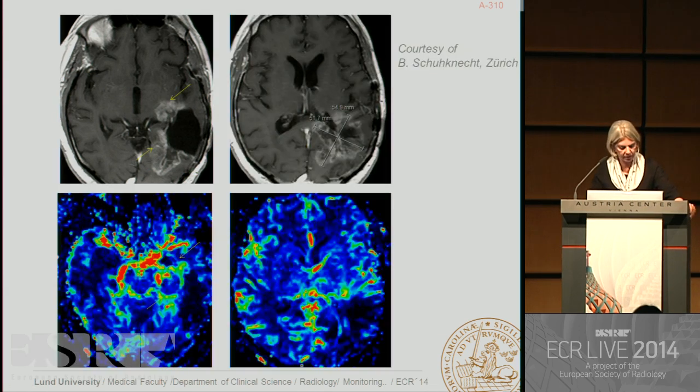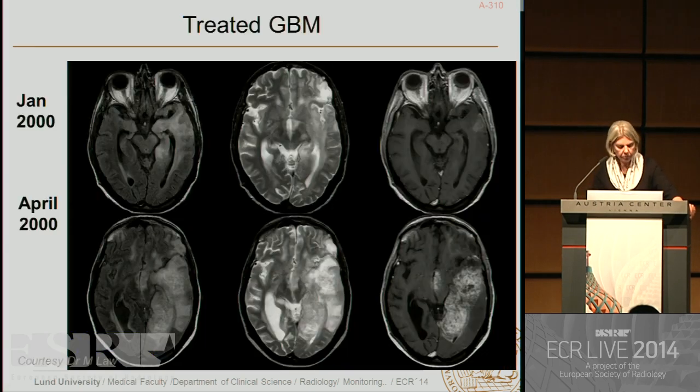And if you look at the perfusion area, you can see there are some areas presenting with increased cerebral blood volume and cerebral blood flow, whereas other areas don't show any increase in perfusion, indicating that he has focal areas of tumor progression, and he most likely also has areas that we would think in this case to be more radiation injury related.